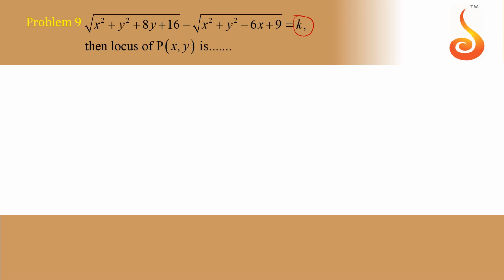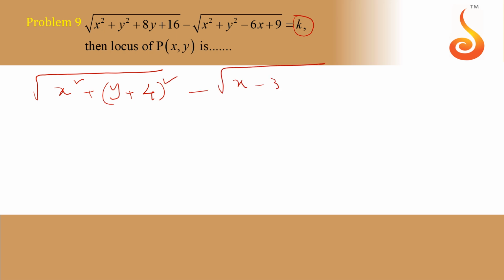Let us see. Can I say the left side is nothing but under root of x square plus y plus 4 whole square minus under root of x minus 3 whole square plus y square equal to k. So it's just like there is a point 0 comma minus 4.